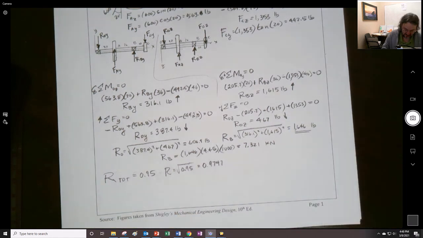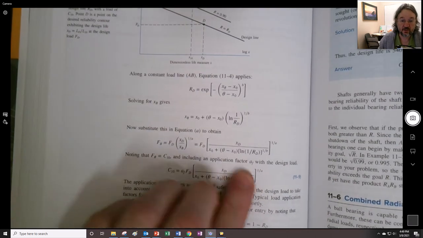And I said that I was going to switch over to the other of the two basic equations that we're going to use here in Chapter 11. So I will follow through with my claim and use this equation right here.